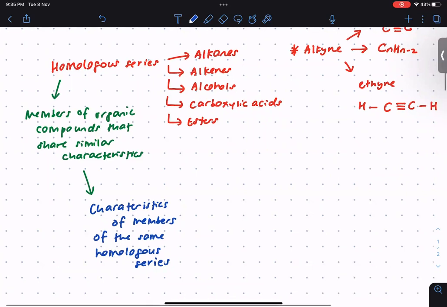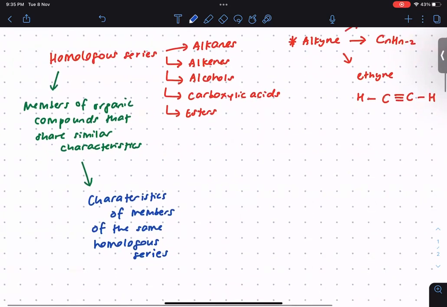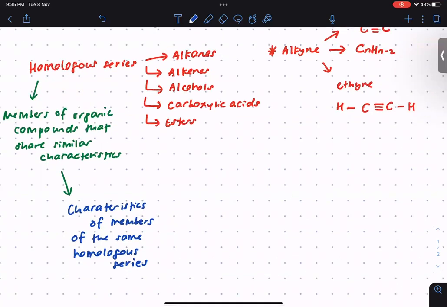So what are the characteristics that we're looking at? The first one, of course, is that all of these share the same general formula. So I put here: same general formula.